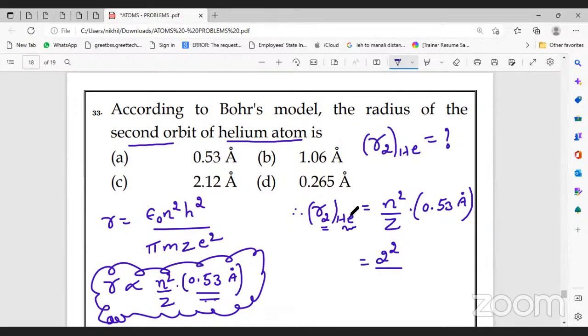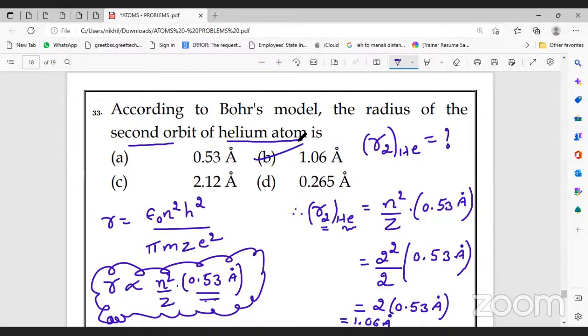For helium, the value of z is 2. So 2 squared by 2 times 0.53 angstrom. 2 squared is 4, 4 by 2 is 2, into 0.53 angstrom. What is 2 times 0.53 angstrom? It is 1.06 angstrom. Option B is the right answer.